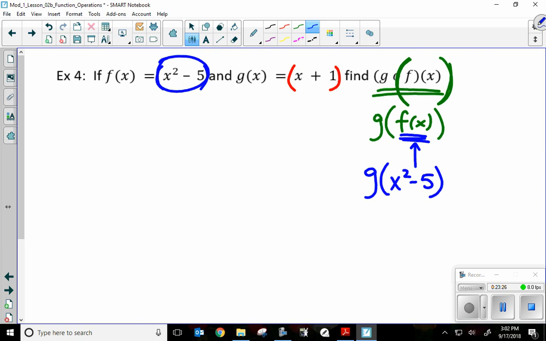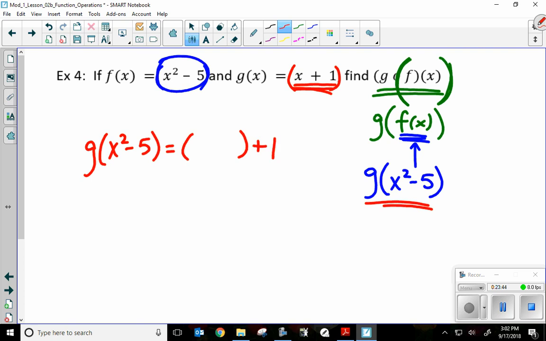All right? What's my g? And I'm going to rewrite this over here. I've got g of x squared minus 5. That goes into here. That goes in x plus 1. So what goes in this stuff? It's x squared minus 5. Okay? PEMDAS.